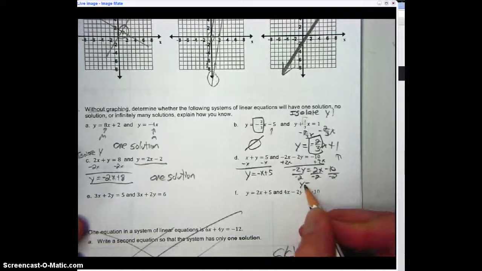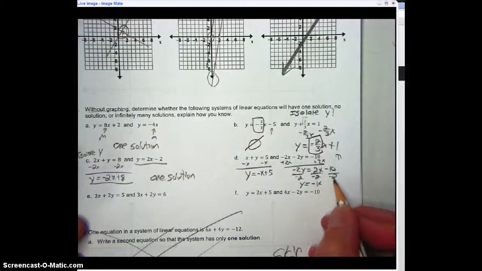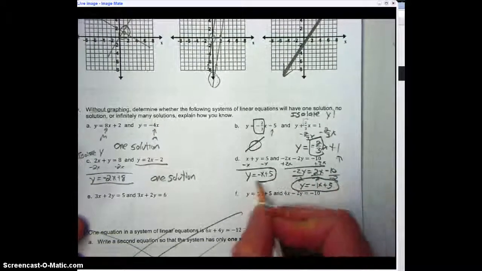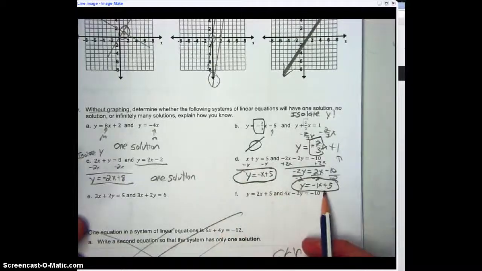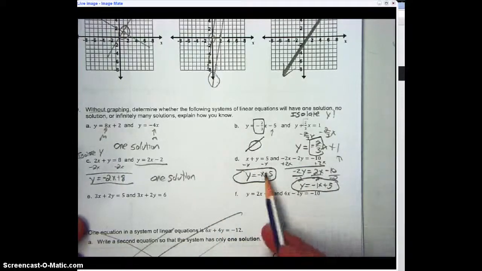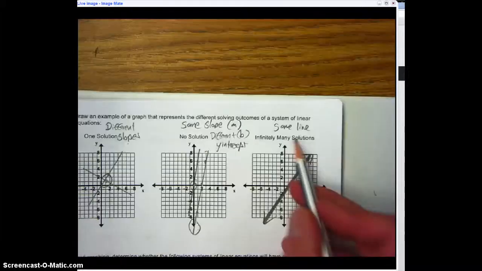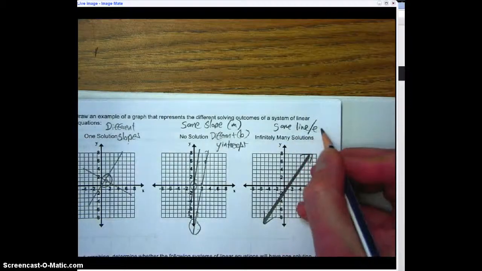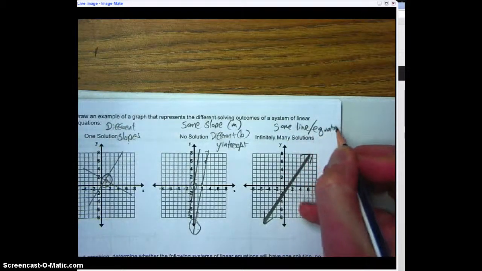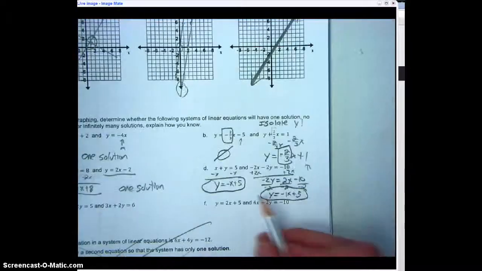Now we got y equals 2 over negative 2 is negative 1x, and negative divided by a negative is positive 5. Here is the equation. Here's the equation. What do you notice? Aren't they the exact same equation? If they're the same line, the answer is infinite solutions.